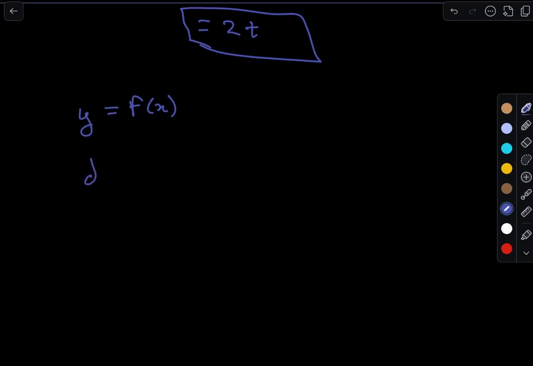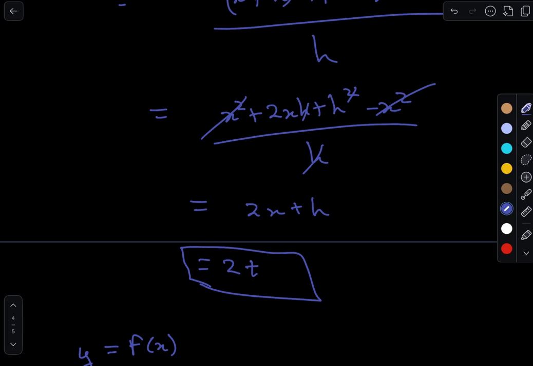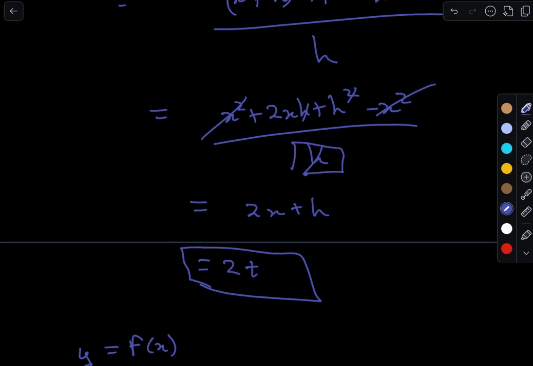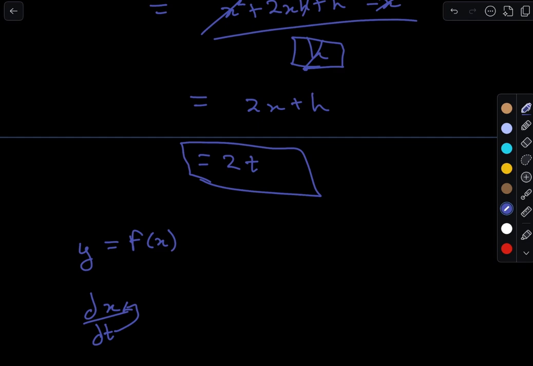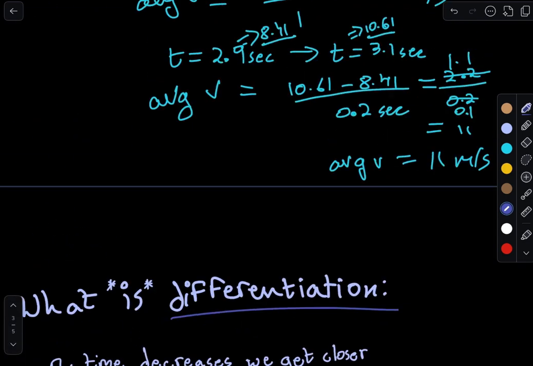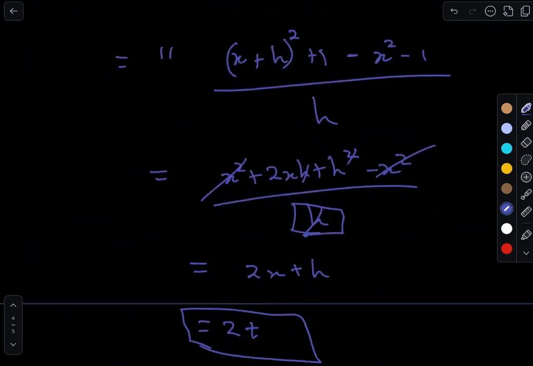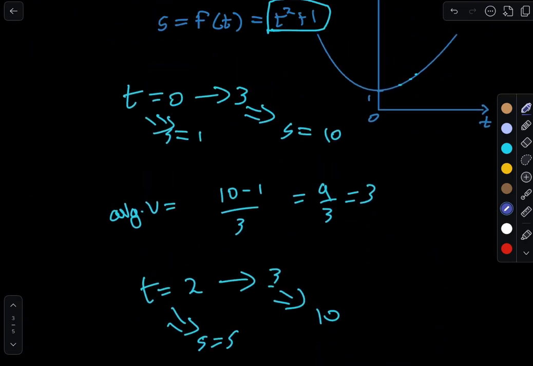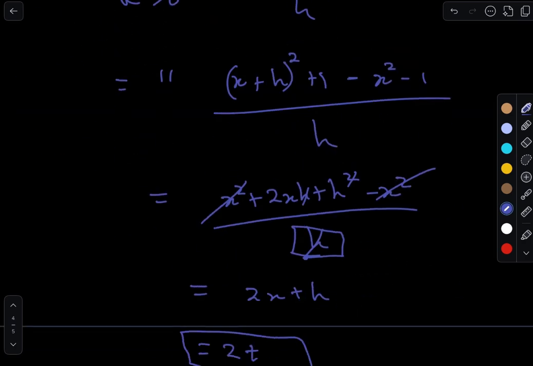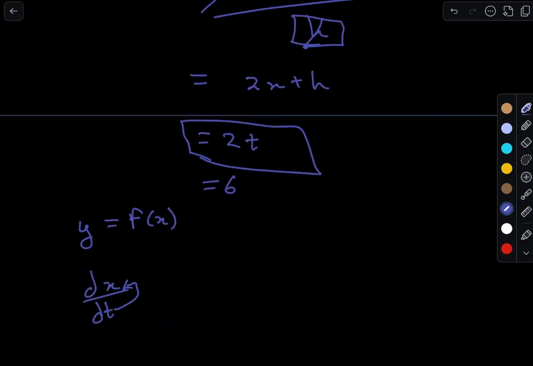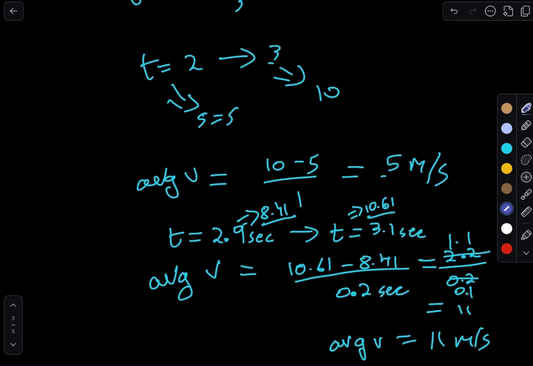Right now what we did was dx by dt, where we defined x as a function of t and we divided it by time, which was significantly close to 0. So we could just call it 0 in the end. Now this does not give us approximate answers. It is the correct answer and it has been tried and tested. So if we put our value of 3 here, we would get 6, and that was the answer.